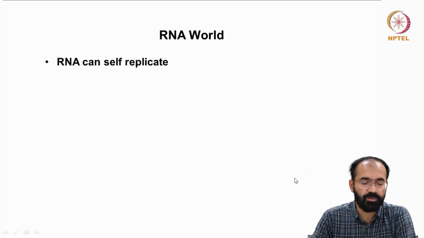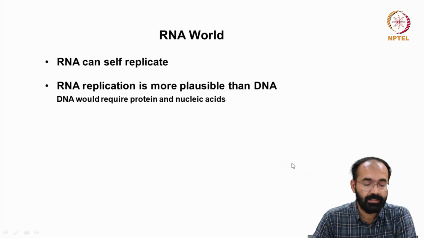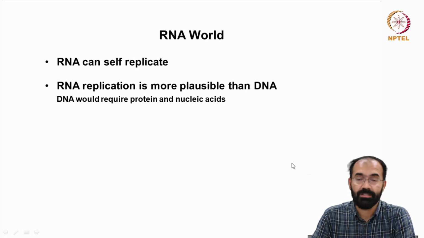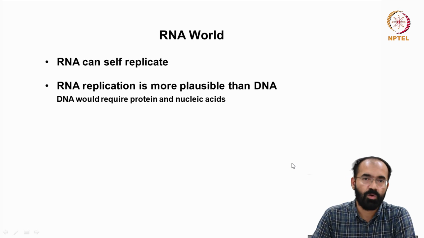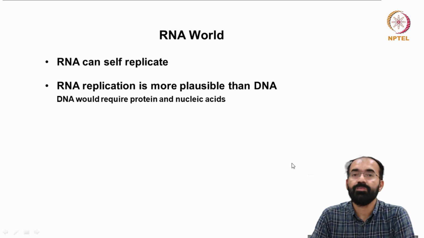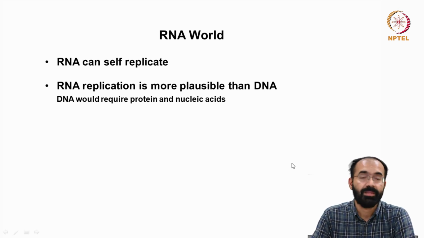So in the RNA world, we now know that the RNA should be able to self-replicate, and RNA replication is more plausible than the DNA replication. We will come to that, how RNA evolved into DNA and what was the necessity, etc. DNA, because of its structural stability, etc., always requires support from other molecules.